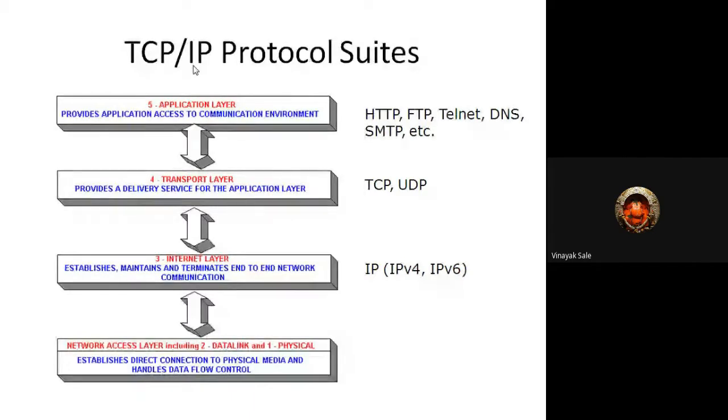These are different protocols at different layers. IP, that is internet protocol, is used at the internet layer. TCP and UDP protocols are used for the transport layer, and at the application layer, HTTP, FTP, Telnet, DNS, SMTP, these protocols are used.